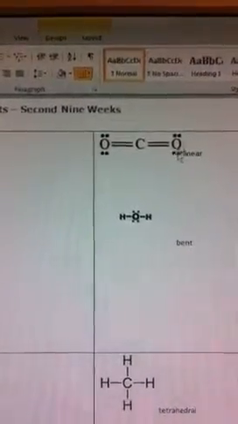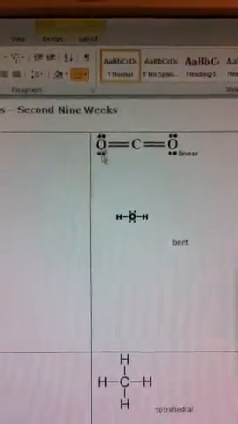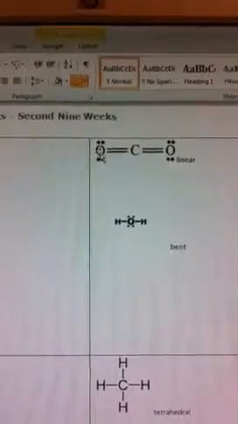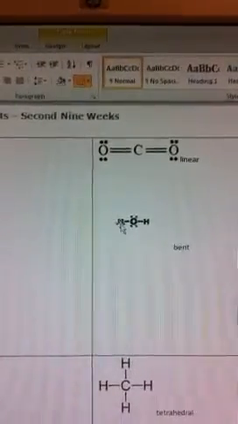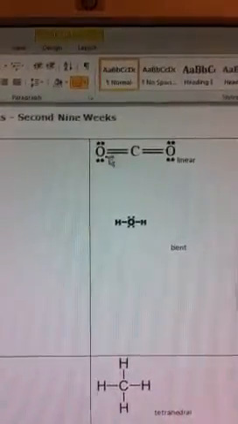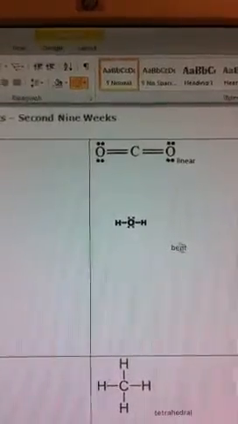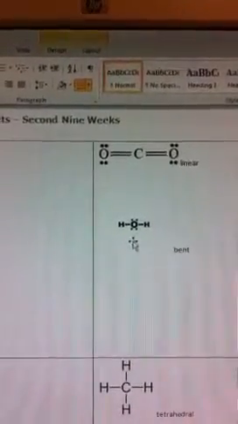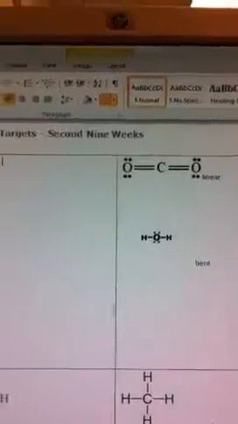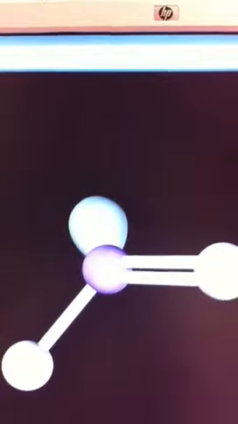It doesn't matter what kind of electrons you have on the outside atom. It just matters that you have 2 outside atoms. So if you have 2 outside atoms, it's either going to be bent or linear. It will be bent if you have electrons in the middle atom, and those electrons on the middle atom are what cause it to be bent. They repel these electrons in the bonds.